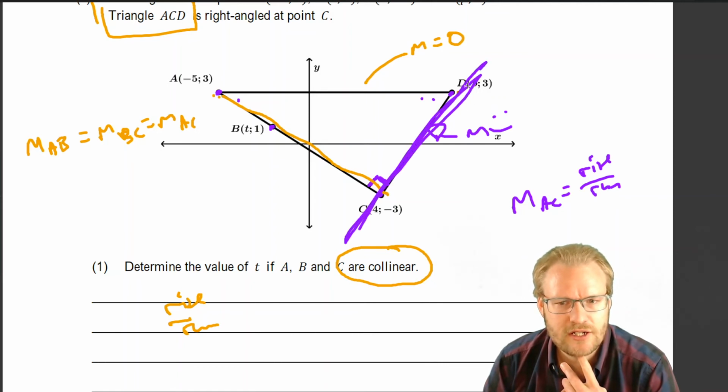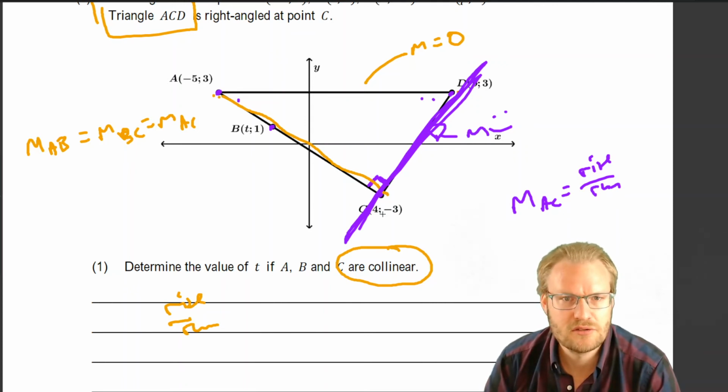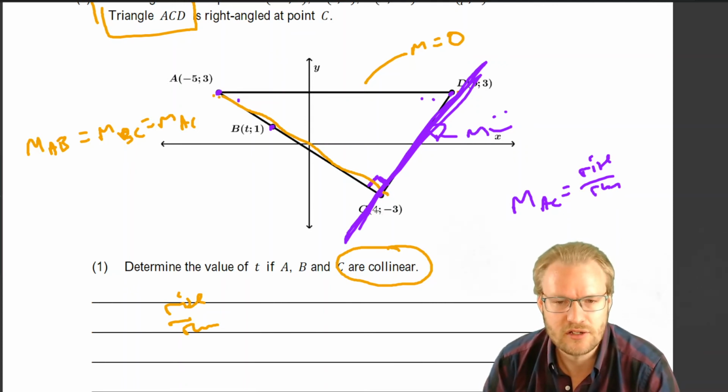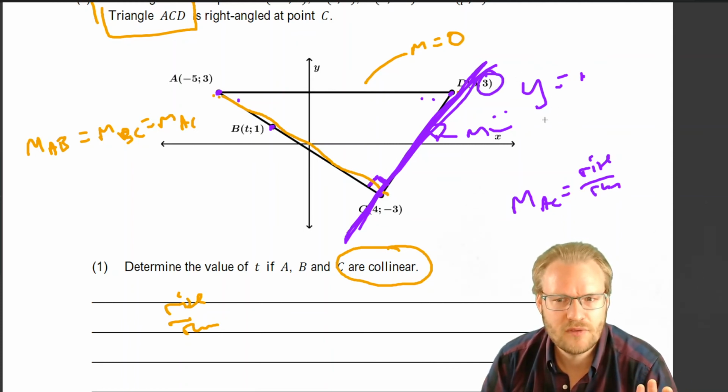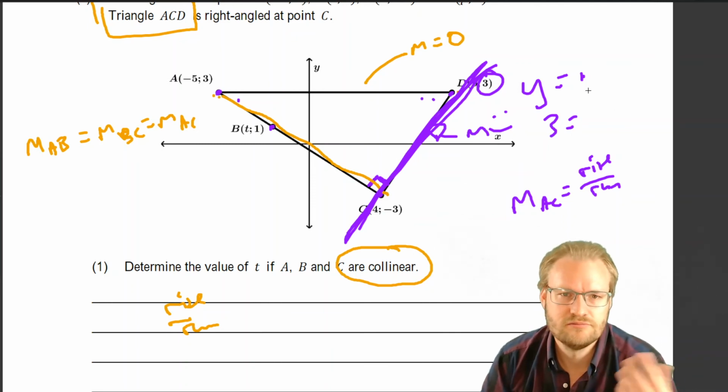Could you work out what the equation of that straight line is? Well, yeah, you've got gradient and a point. We did that earlier in the test, so you're going to sub in. If you've got the equation of this straight line, y equals whatever it equals, and you've got the y value, can't you work out the x value quite easily? Just sub 3 in. Okay.